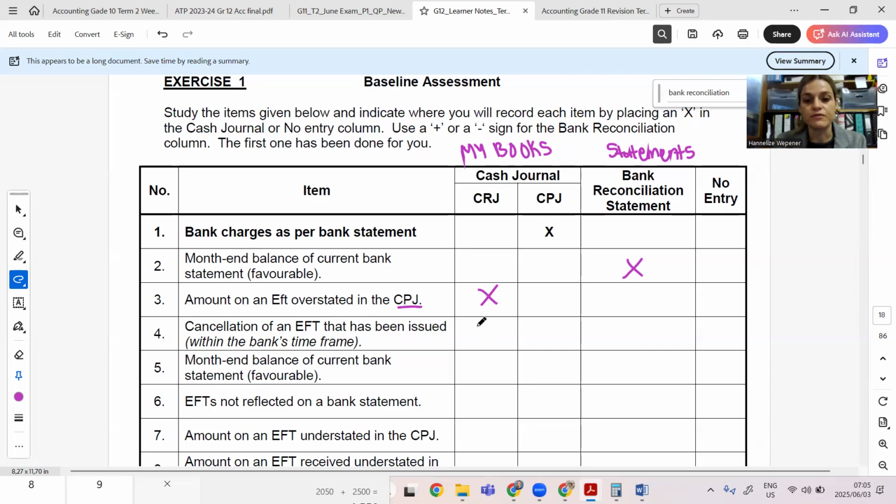So you need to reverse that payment with a CRJ transaction. The month-end balance of the current bank statement is favorable. So it's the same as number 2. There's a current bank statement, therefore it's going to show on your bank recon.